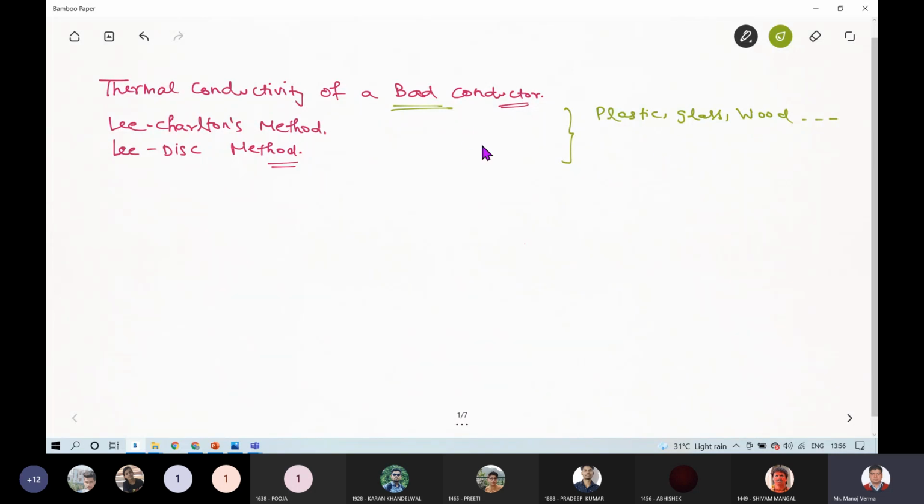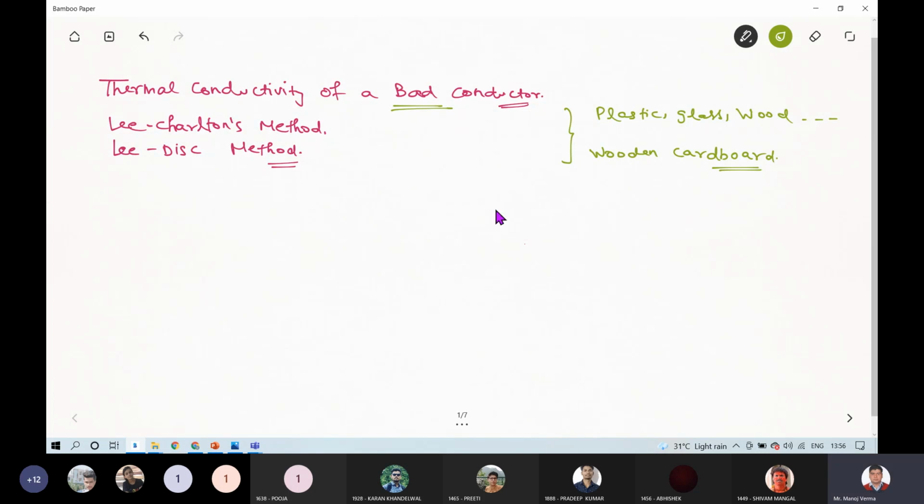So in this particular experiment, we will be using a wooden cardboard, which is a bad conductor of heat, and we will be determining its coefficient of thermal conductivity.